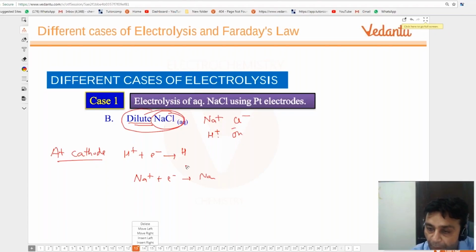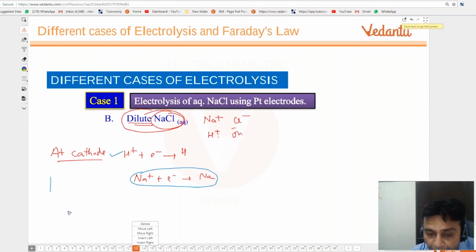Hydrogen or sodium? Anirudh, why sodium? Justify your answer. Why hydrogen? There are two reasons. I'll just say that hydrogen will be there. Number one, the concentration of sodium ion is very, very less.